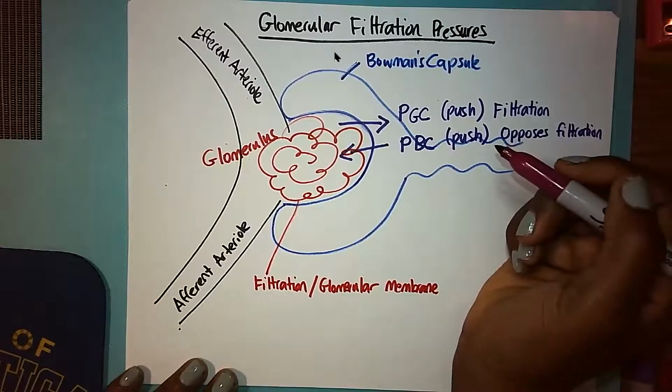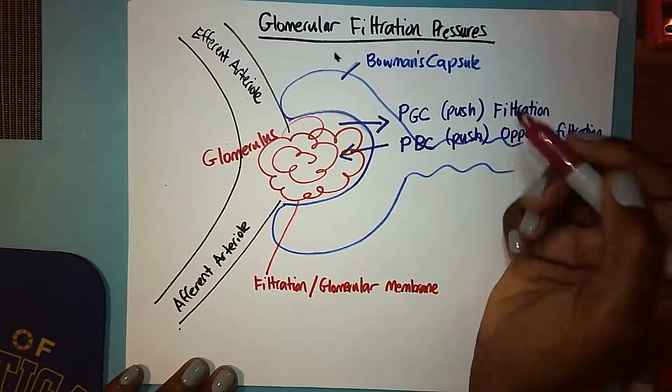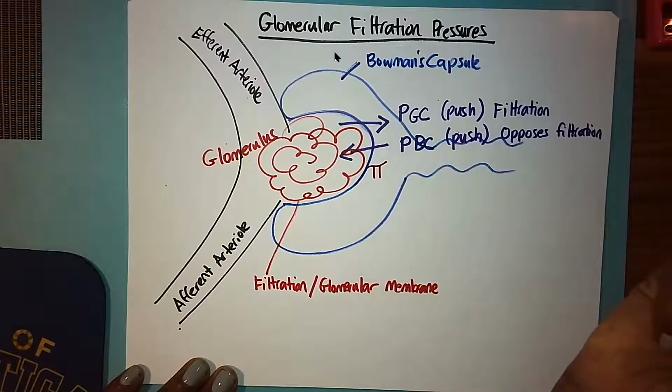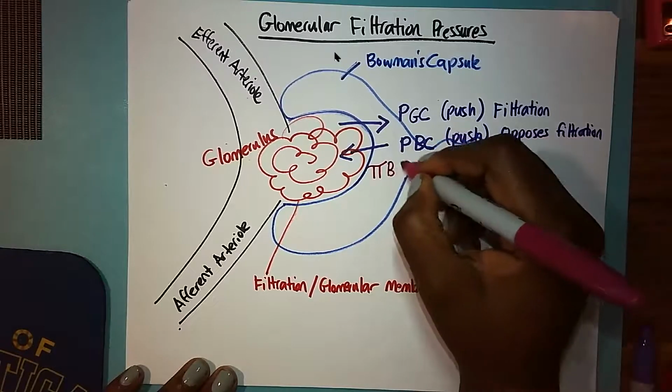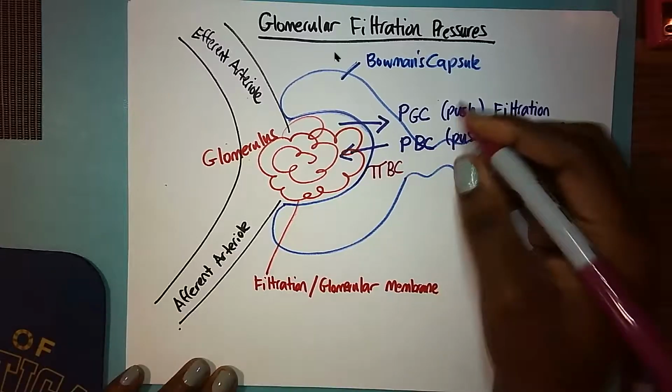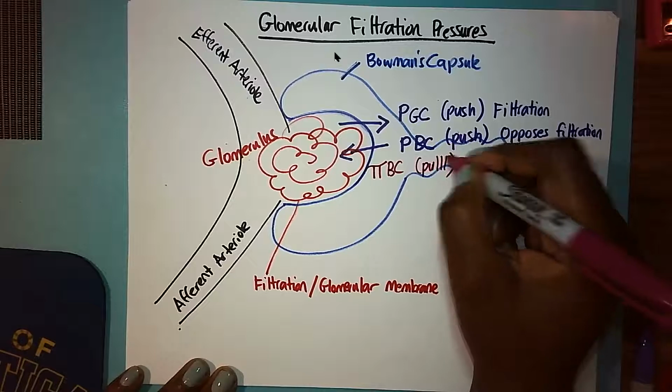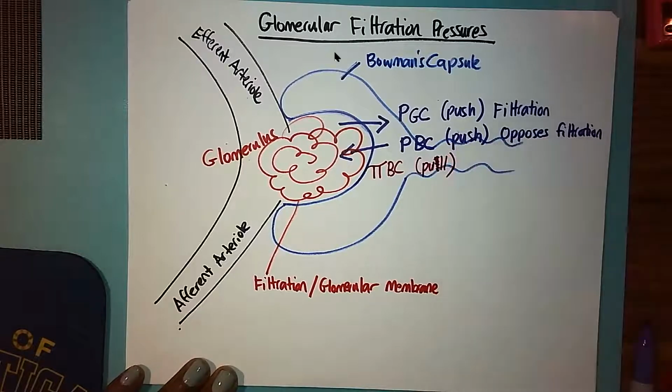Let's talk about our oncotic pressures. So we've got the Bowman's capsule oncotic pressure. So this is the symbol that we represent oncotic with, and this is of the Bowman's capsule. And we know that this is a pull force. This is a pull force.